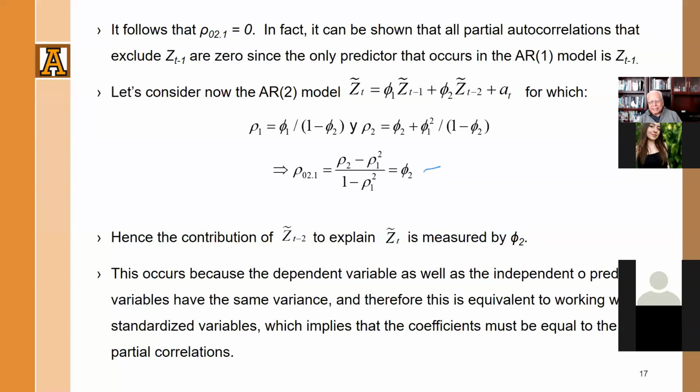Remember, we assume constant variance. That's an important assumption here, so that when we standardize and compute rho_{02.1}, we get that it's equal to phi_2, because we're working with standardized variables. In regression, when we talk about partial correlations, first we standardize and then we compute the partial correlations.